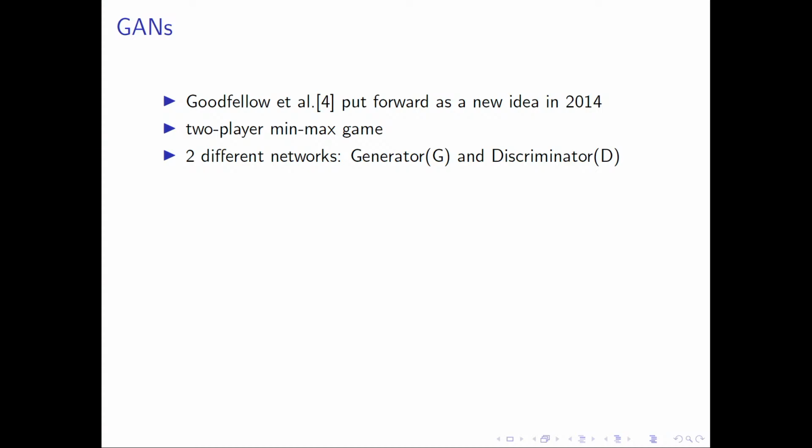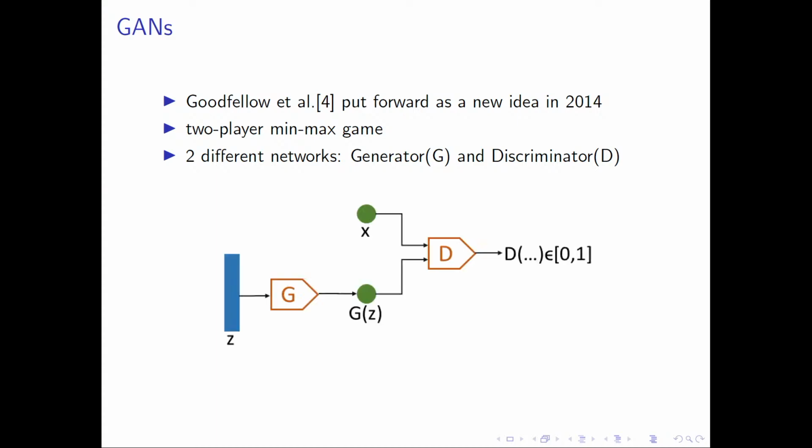Goodfellow and his colleagues in 2014 put forward a new idea. They described it as a two-player min-max game. This means the idea includes two different neural networks.